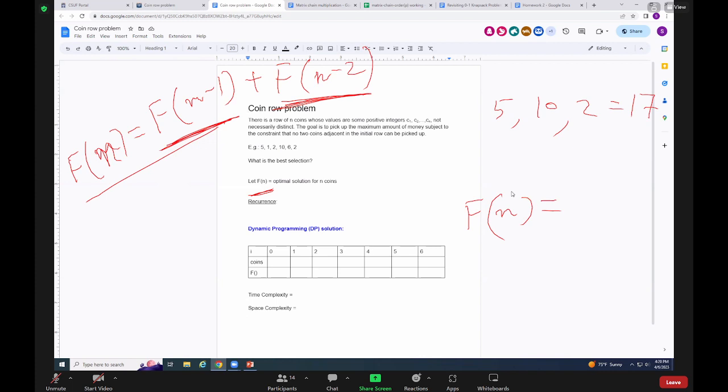What is the final value of all those n coins? Any idea?